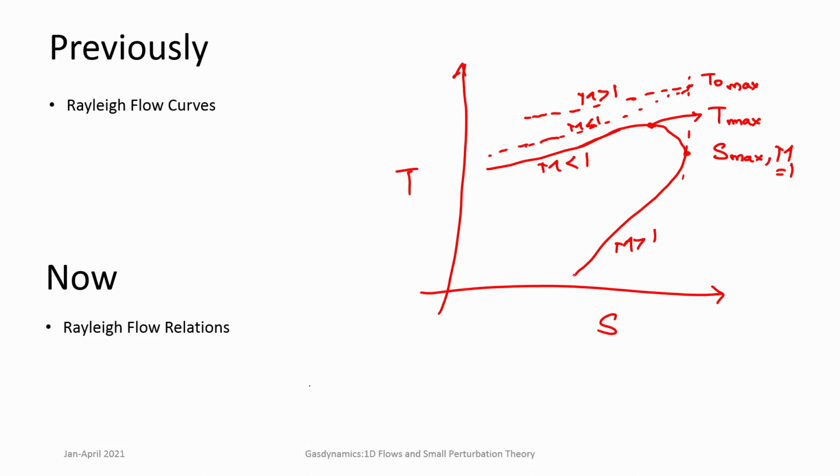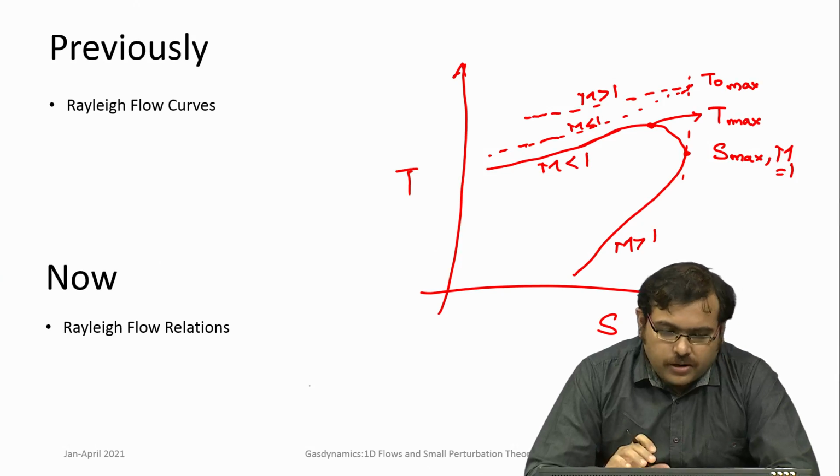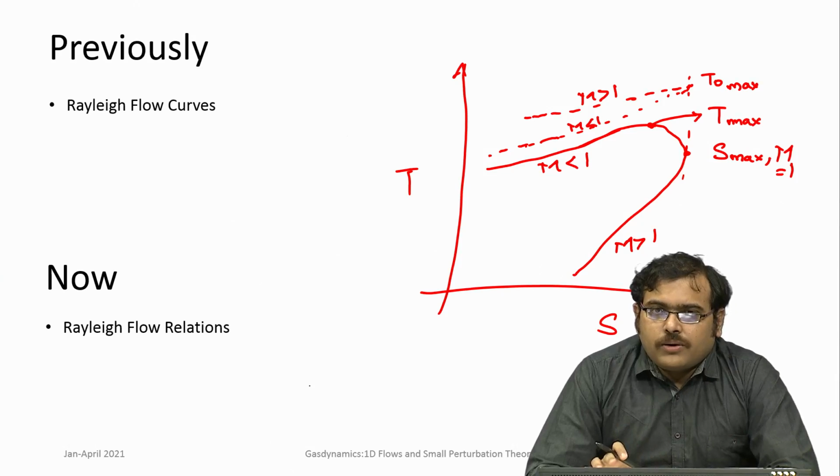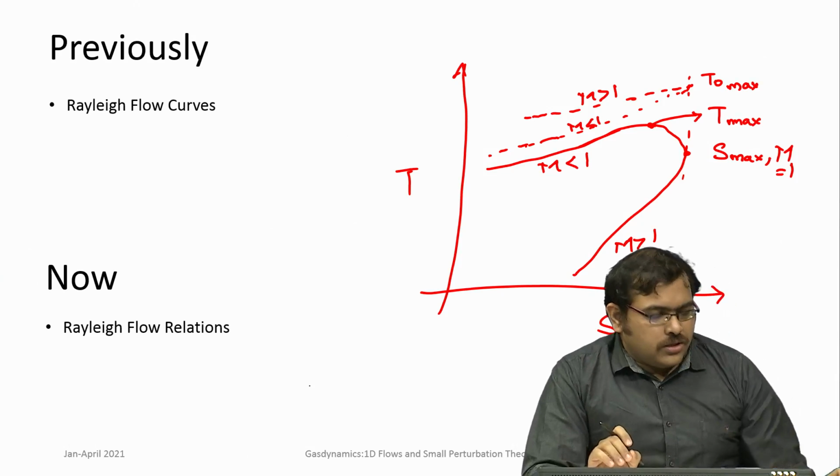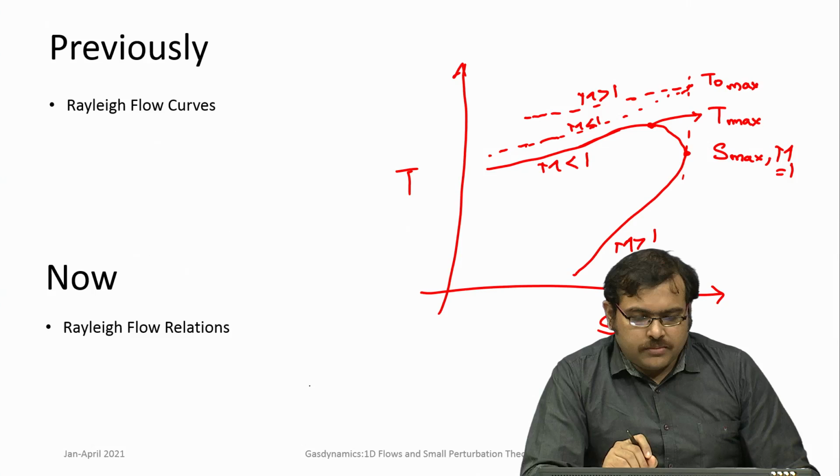While in supersonic flow the temperature keeps increasing, pressure keeps increasing, and velocity and Mach number decrease. So, being able to draw these curves effectively will be a nice way to look at problems in Rayleigh flow, and also understand them properly.